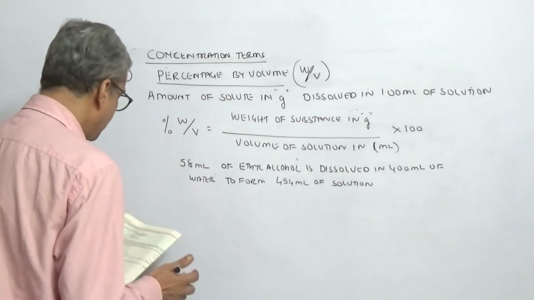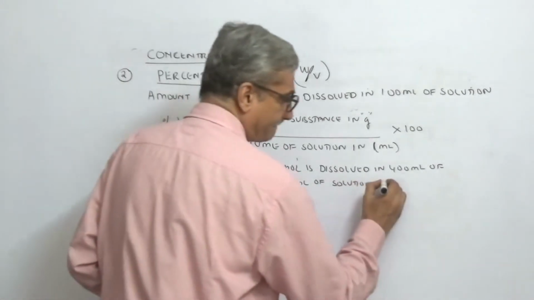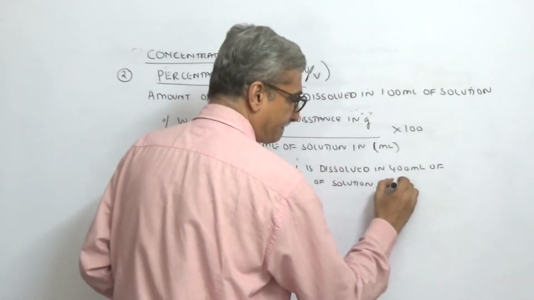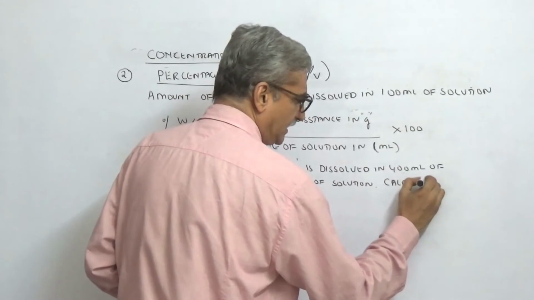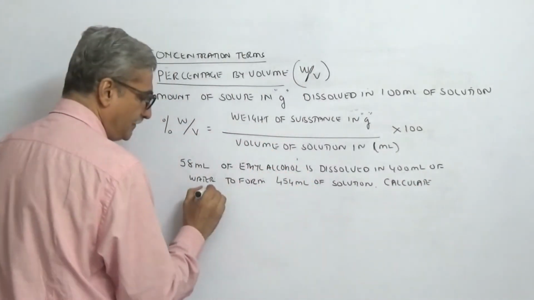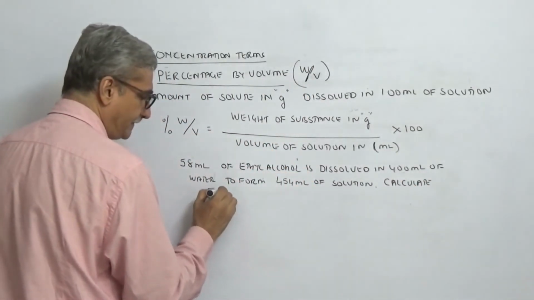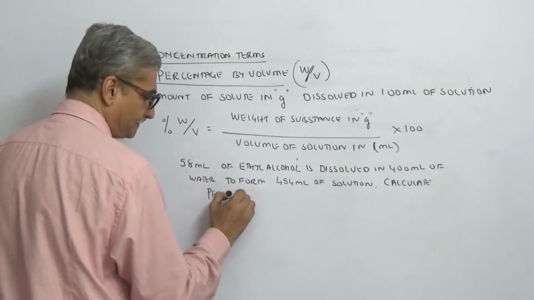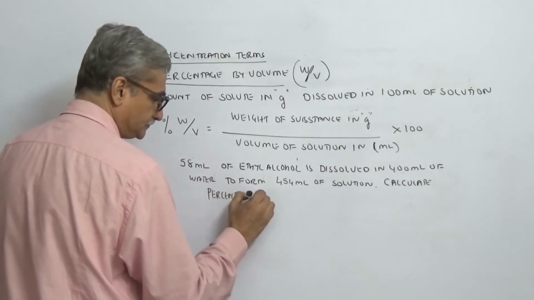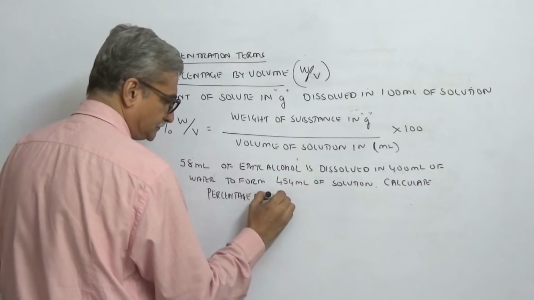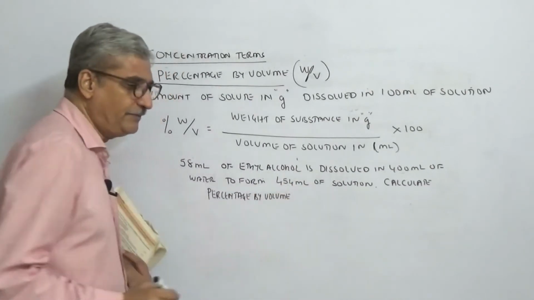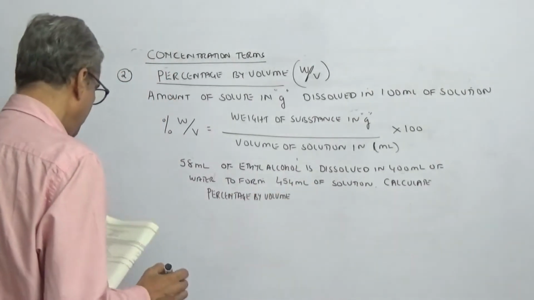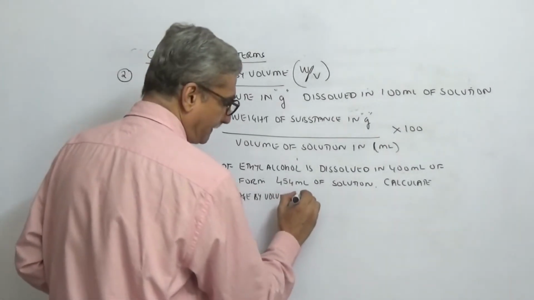So calculate percentage by volume of ethyl alcohol in water.